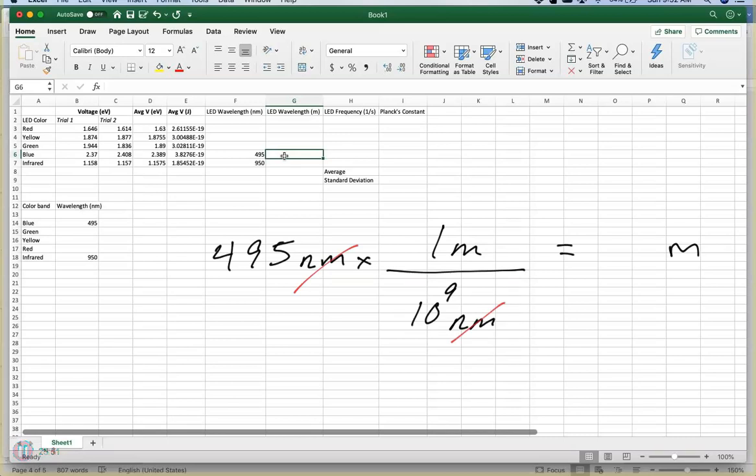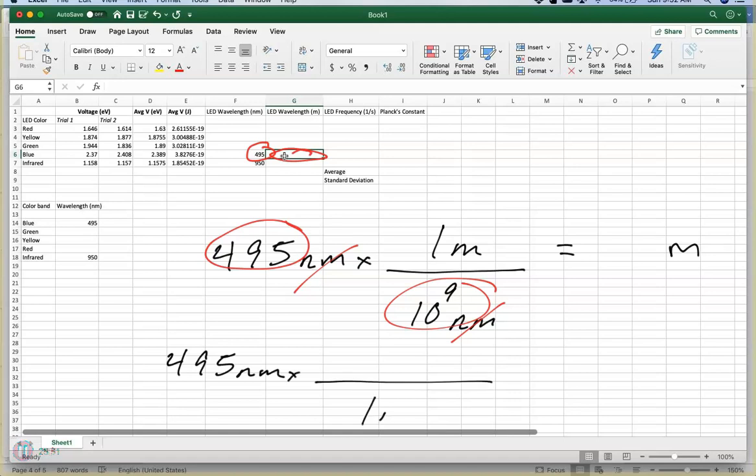So effectively what I did in Excel was take the number that's here, and then just divide by 10 to the 9th, and then I would have a number here. Just as a quick reminder, you can also use other conversion factors. We could have said 495 nanometers times, in 1 nanometer, there's 10 to the negative 9th meters.